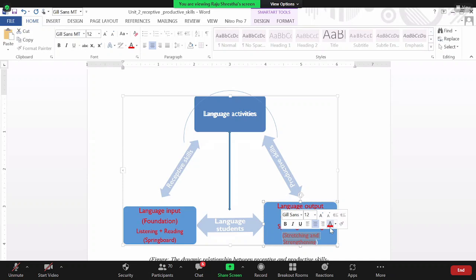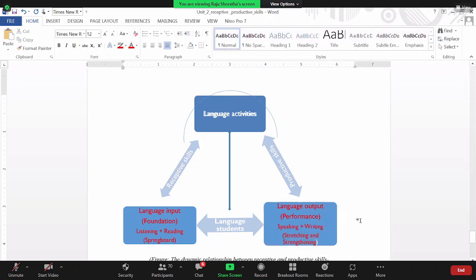When we speak and write, we go on expanding our knowledge. That is the relationship they have. So in the absence of one, the other will be incomplete. Both language input and language output should be there.